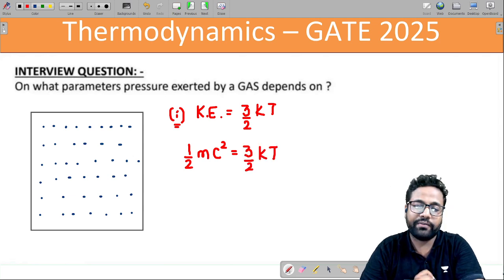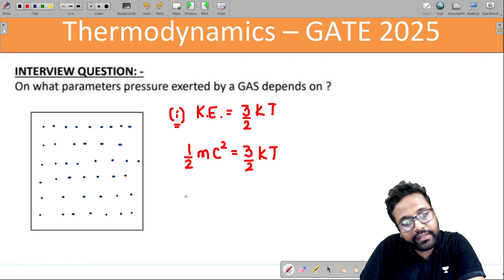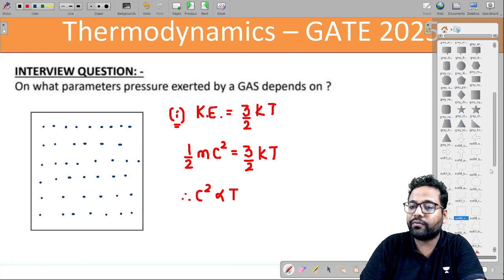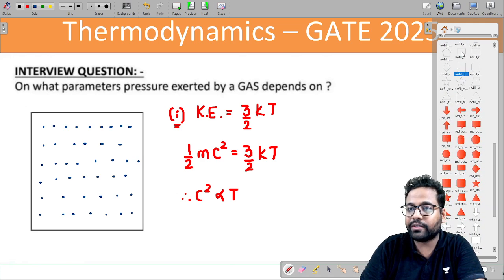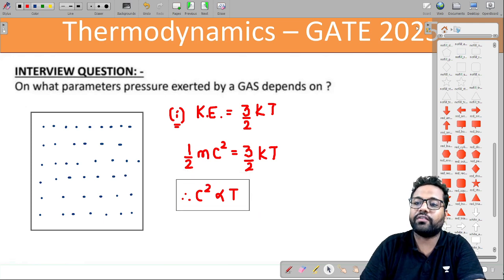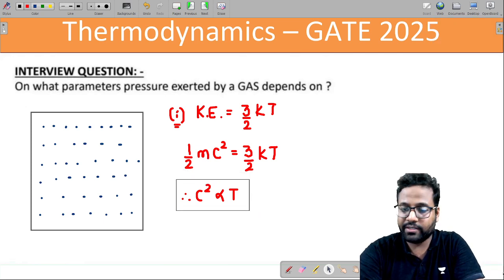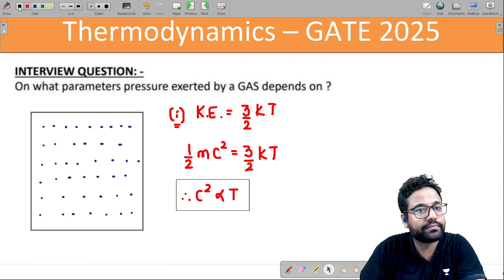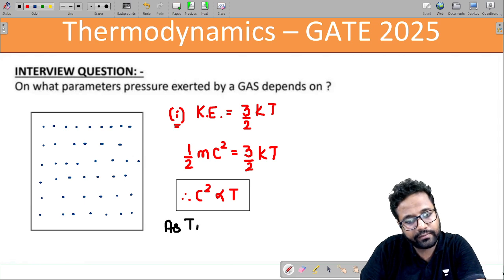Now if you see this, can I say that the square of the velocity, c square, is directly proportional to the temperature? Sir, the square of velocity is directly proportional to the temperature. Yes or no? C square is directly proportional to the temperature. So if the temperature increases, sir, the velocity of the molecules will increase.